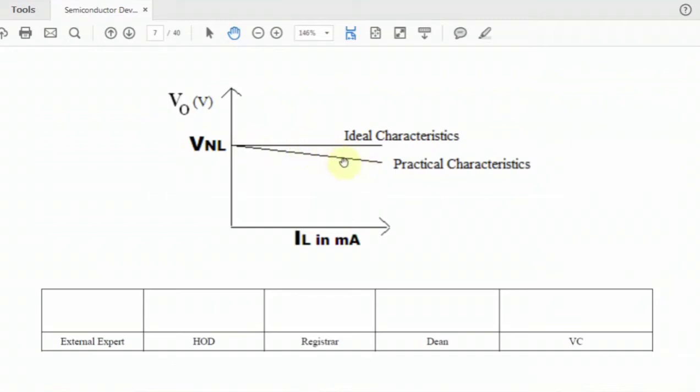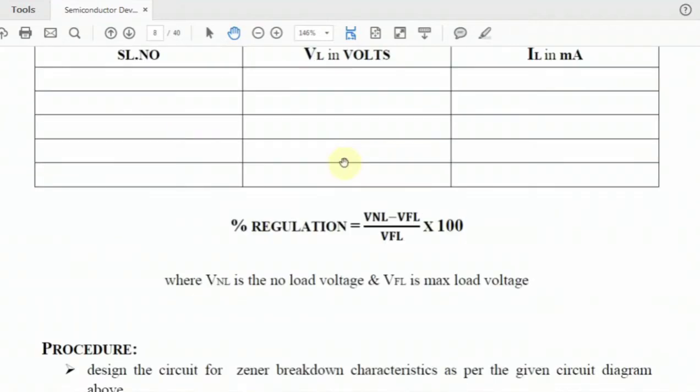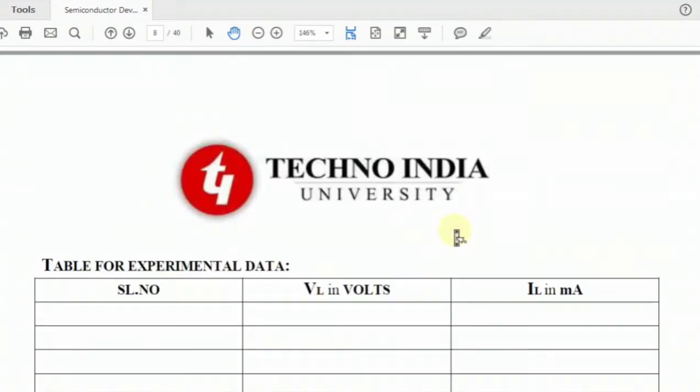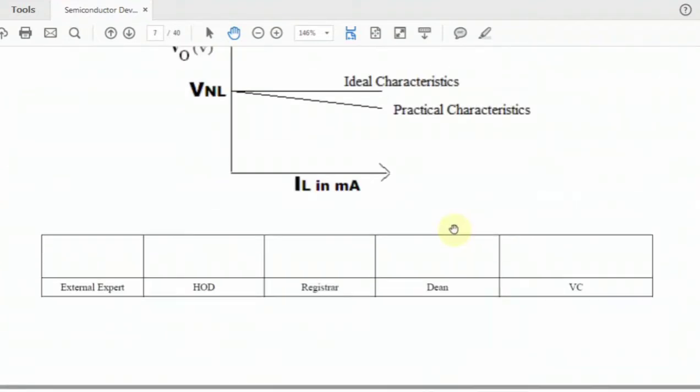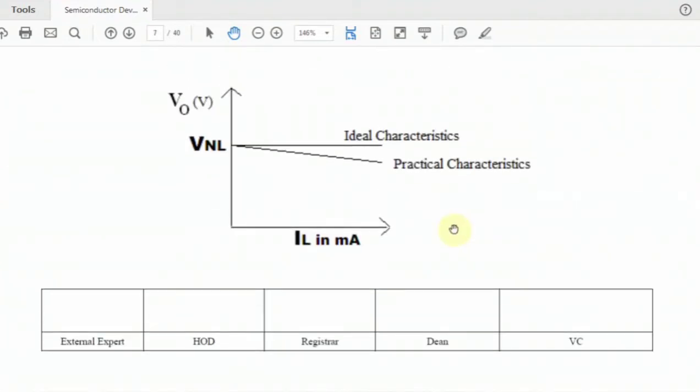That should be seen while doing the practical, and we will find out the percentage of regulation. Ideally this percentage of regulation should be 0. So practically we need to get the percentage of regulation near about 0. That will signify that the Zener diode is acting as a good voltage regulator. And if the regulation is high, that means we have got a poor regulator.